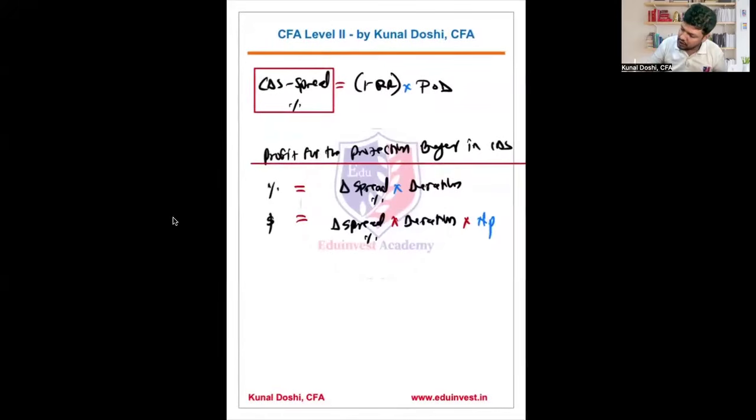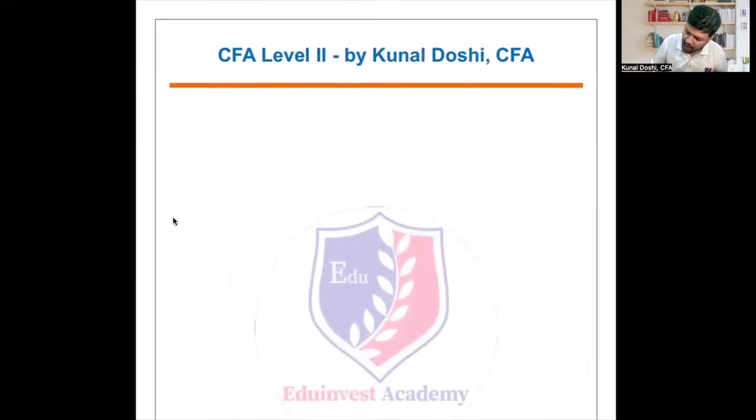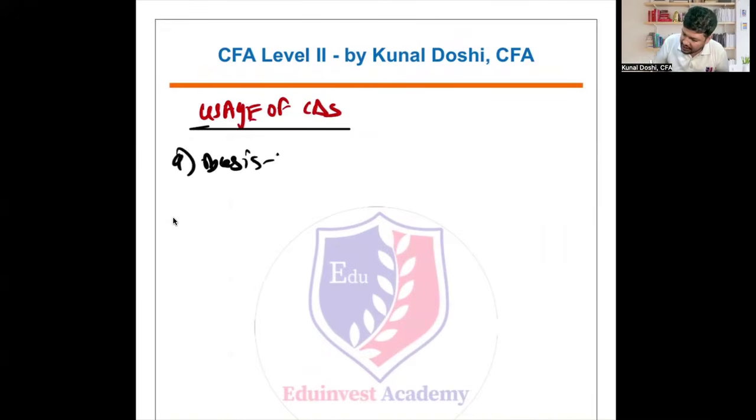So I will write down here usage of CDS. In that, first, to make an arbitrage, I can use basis trade. Just remember for your reference, basis trade is where you long a bond or short a bond and combine it with the protection, that is a CDS.